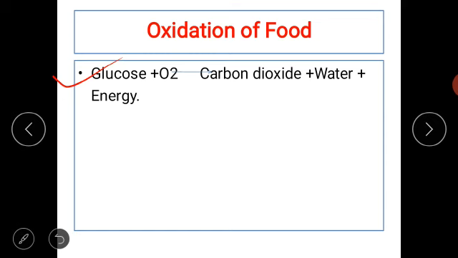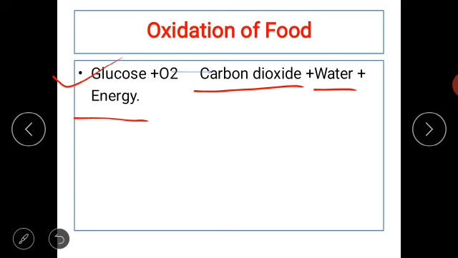And when we inhale air through our respiratory system, then oxygen is available to the cell. With the help of these two, it is oxidized to release energy, and two byproducts are produced in this process, that is carbon dioxide and water.